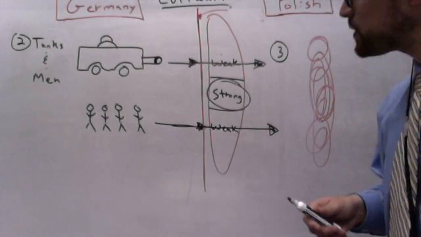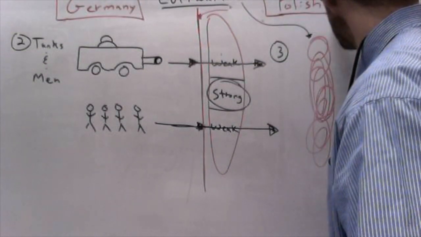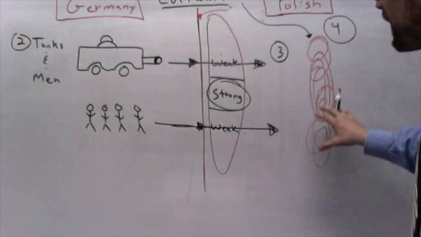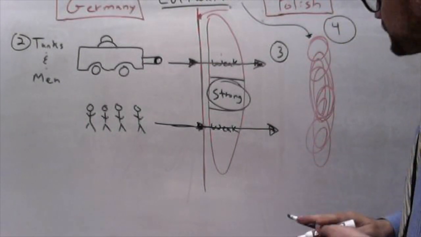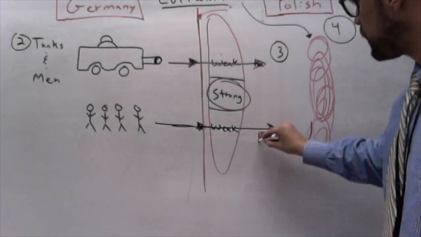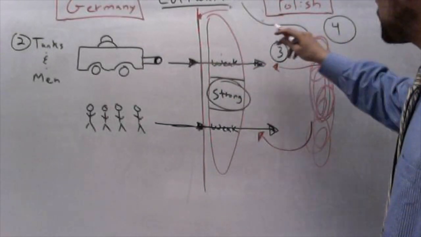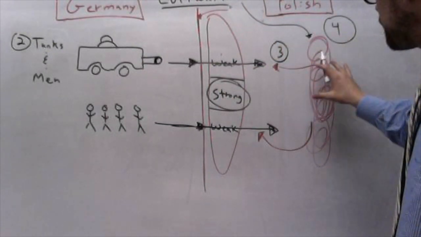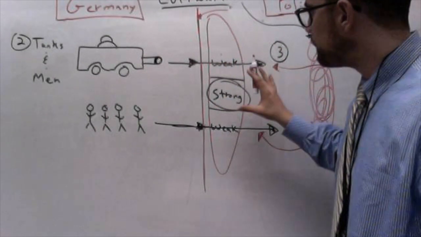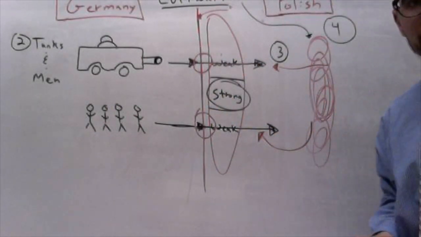What the Luftwaffe does, in step 4, is bomb any of the reinforcements behind the line to prevent the reinforcements from closing the gap in the broken line. So the Luftwaffe is preventing these reinforcements from getting up here and repairing that part of the line.